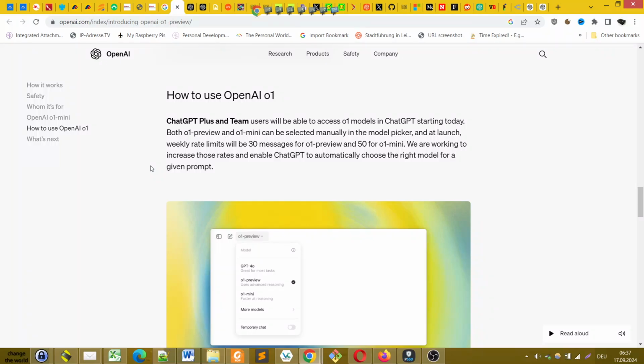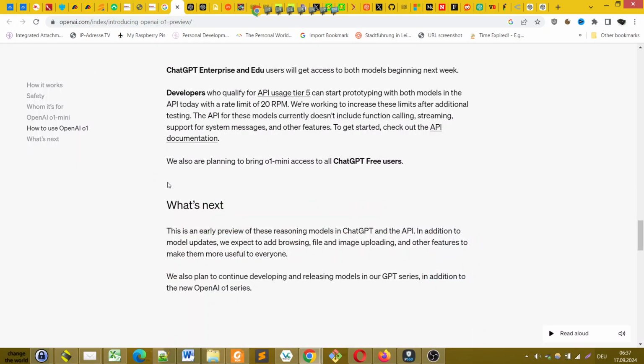Also, they are accessible through the API, but only to API usage tier 5. Usage tier 5 are users who have spent over $1,000 with OpenAI in API use, and they have a rate limit of 20 requests per minute, which of course is actually much nicer than the weekly limits you get in ChatGPT, but here we go.